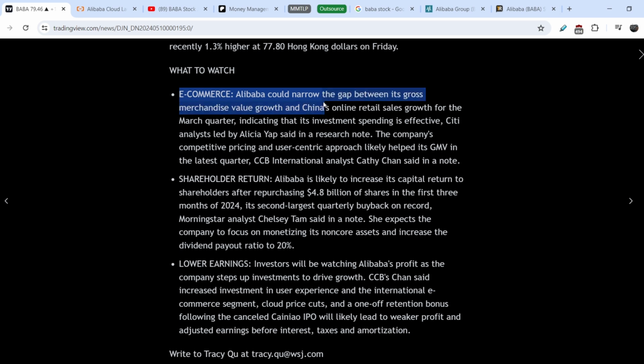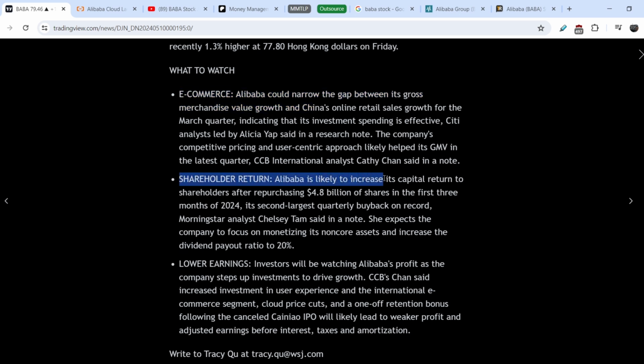Alibaba could narrow the gap between its gross merchandise value growth and China's online retail sales growth for the March quarter, indicating that its investment spending is effective, Citi analysts led by Alicia Yap said in a research note. The company's competitive pricing and user-centric approach likely helped its GMV in the latest quarter, CCB International analyst Kathy Chan said in a note.